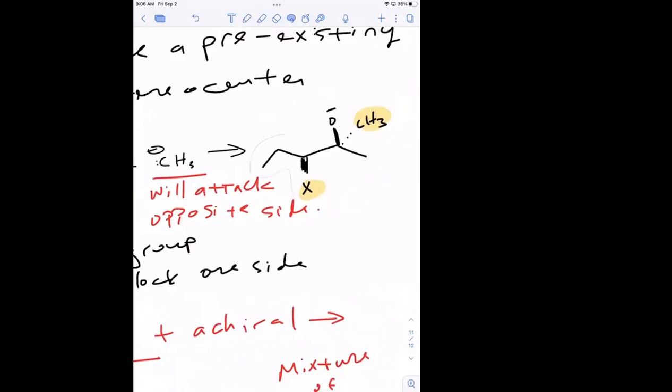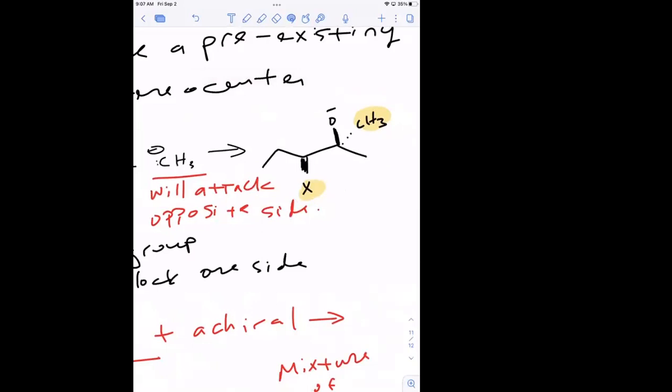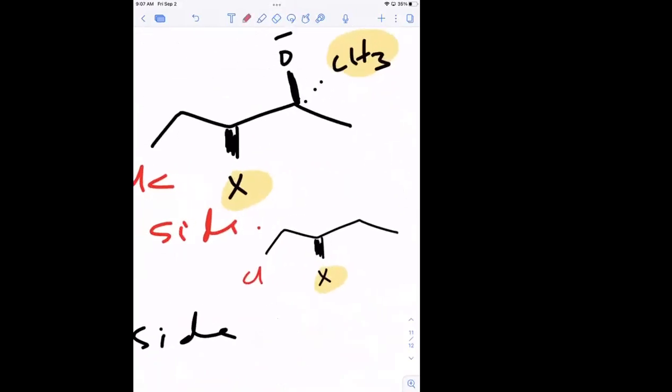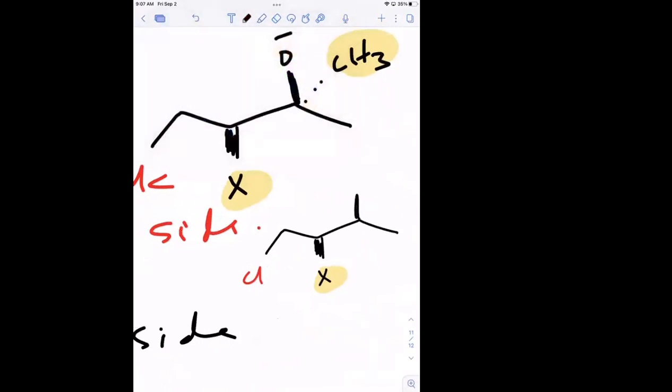Let me just copy this right quick. You'll get both products: one where the methyl group that was added is going back, and one where it's on the same side. And I'll explain that in a minute.